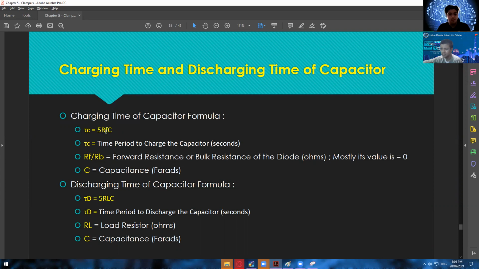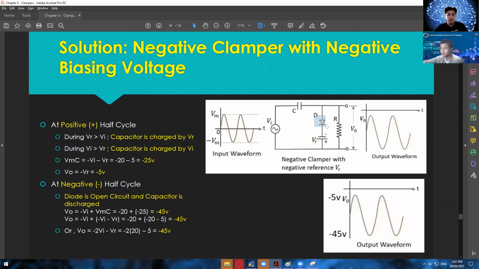I forgot to mention that forward resistance RF is equal to RB. Okay, so they are just the same. So RF is equal to forward resistance, or RB is equal to bulk resistance. So this RF right here, or forward resistance, can be found on our diodes. So again, in our examples in here, we only have first approximation and then second approximation.